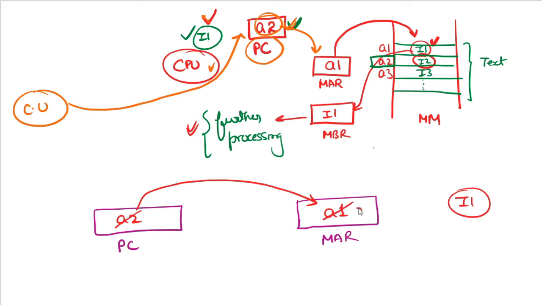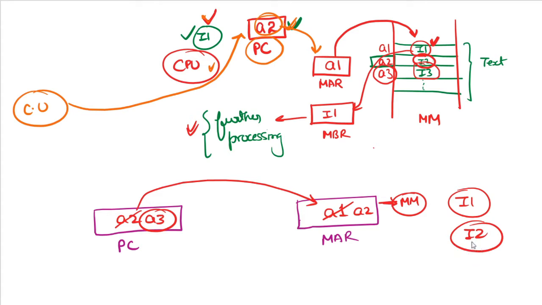A1 was changed to A2, and now this A2 was sent to main memory. The program counter got incremented. Now the next instruction is I3, and the address of I3 is A3. The program counter will save address A3 inside itself, and it waits for instruction I2 to complete.